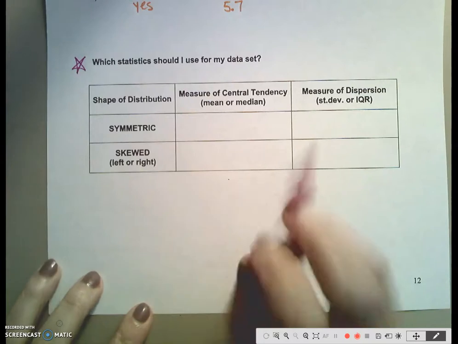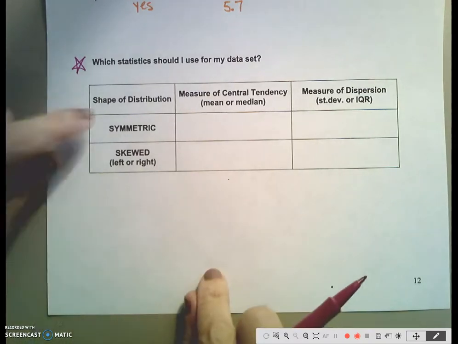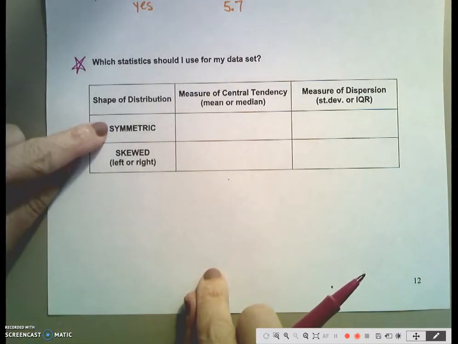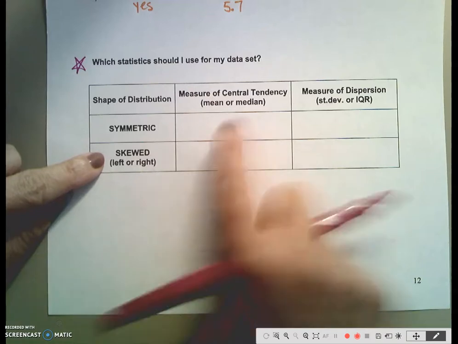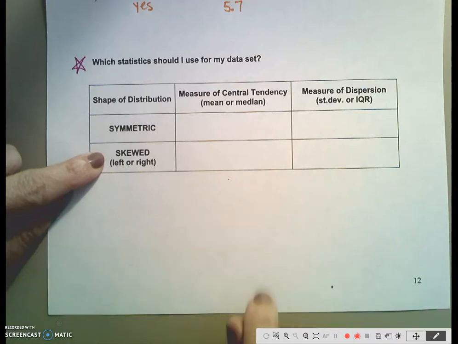So we talked about resistance also. Symmetric data does not have a bunch of extreme values. Skewed data does. It'll have extreme low values or high values, which is what's causing the skew. If you have skewed data, you need to be using statistics or parameters that are resistant to those highs and lows.